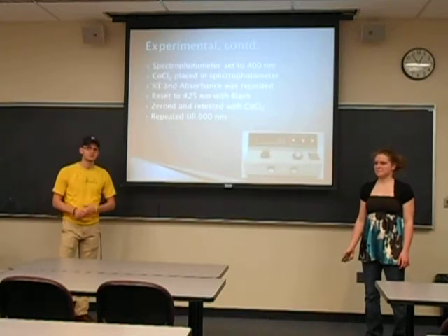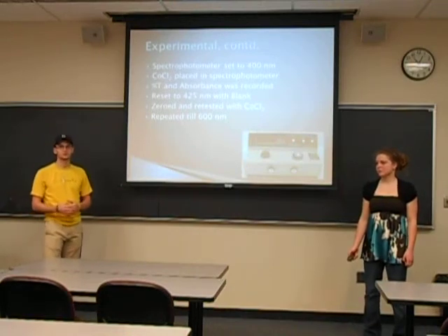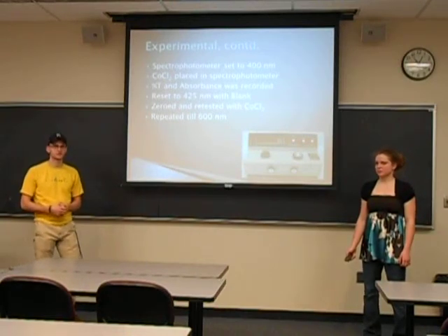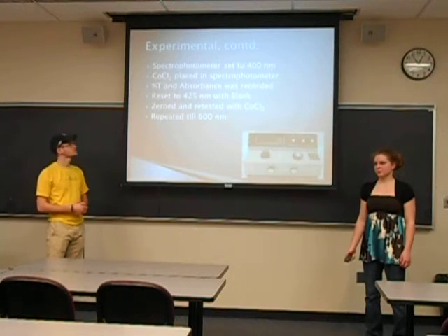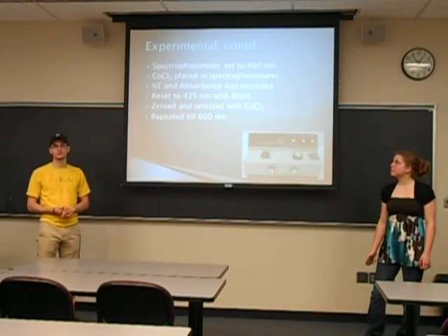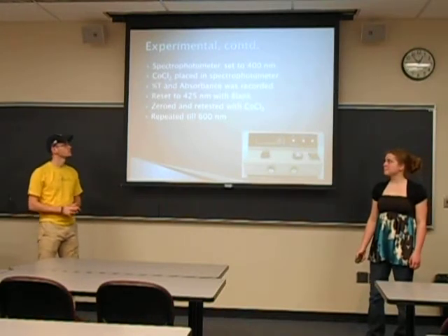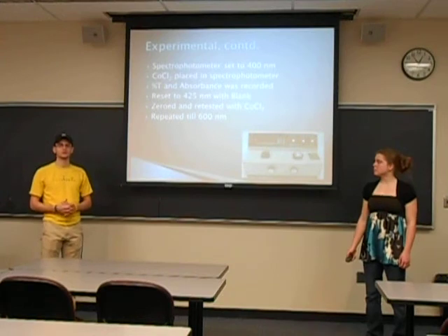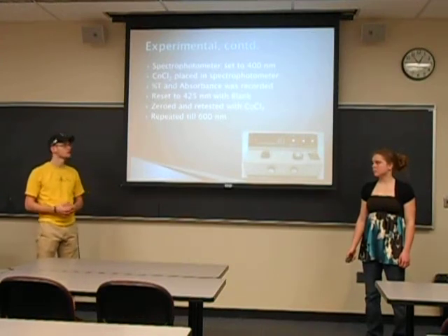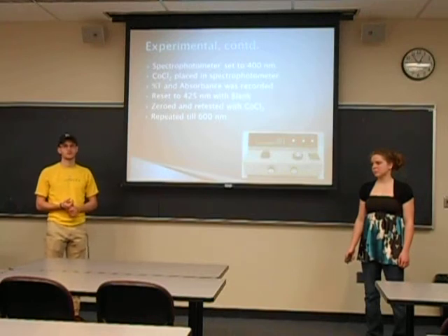The spectrophotometer is set to 400 nanometers, and then the cobalt-2 chloride is placed into the spectrophotometer. The percent transmittance and absorbance are recorded, and then it is zeroed and retested with the blank to set it back to 0, and then used with cobalt-2 chloride, at increments of 25 nanometers until you hit 600 nanometers.